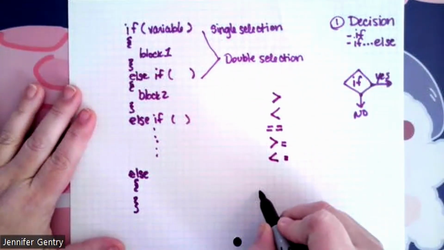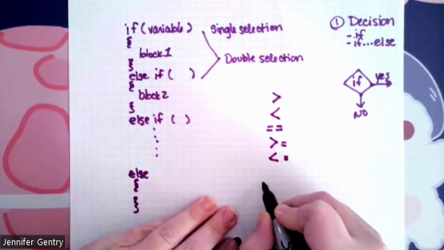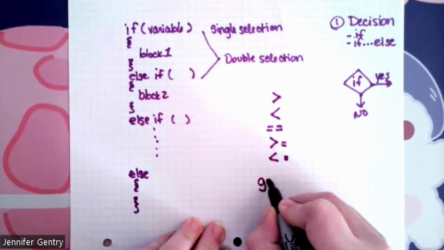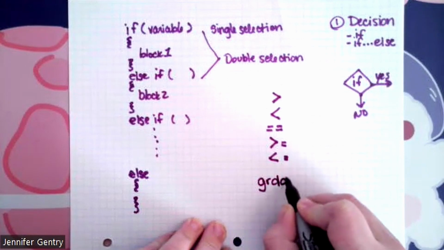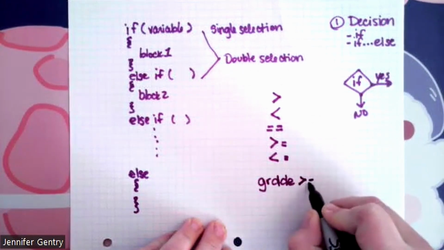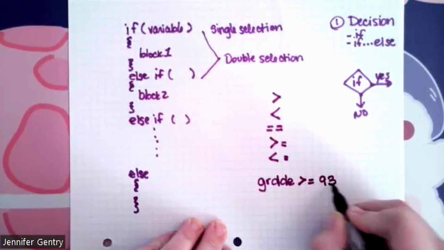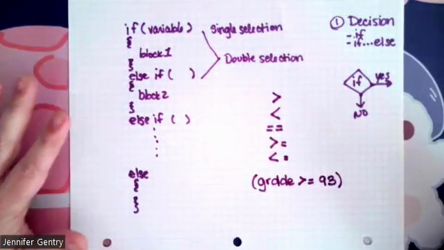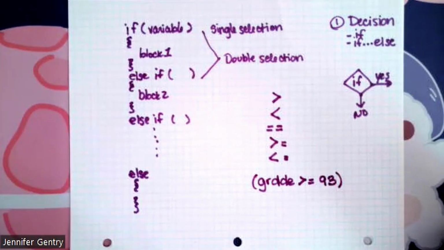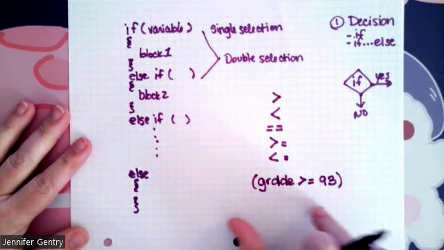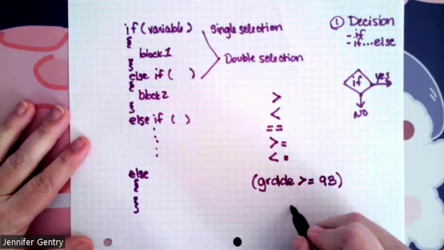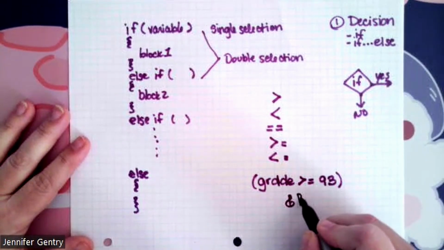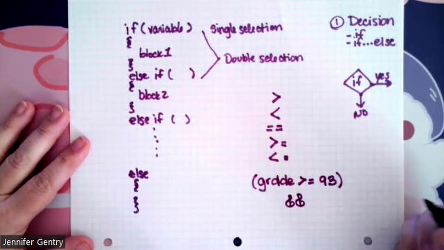So if I want to say if your grade is greater than or equal to a 93, I can say something like that. Okay, you can also put things together. We have an and, which is that ampersand, and we put two of them for a comparison.